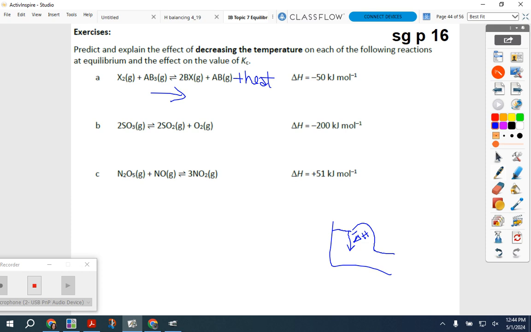What's going to happen to Kc? Is it going to get bigger or smaller? Remember that Kc is, oh, sorry, I did that wrong.